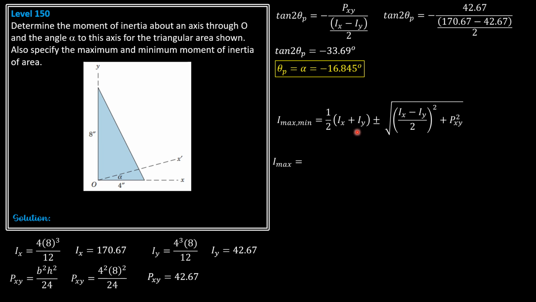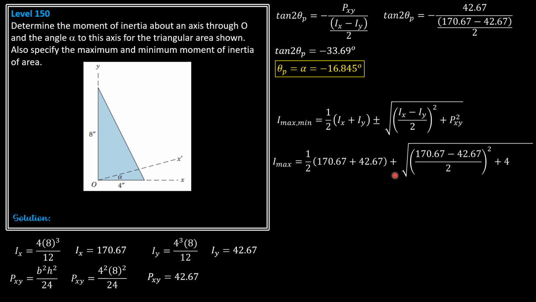Imax or Imin equals 1/2 of quantity 170.67 plus 42.67, plus minus, or for this case plus, square root of quantity 170.67 minus 42.67 over 2 quantity square plus 42.67 square. So Imax is equal to 106.67 plus 76.92, while Imin is 106.67 minus 76.92. So Imax is equal to 183.6 inches to the fourth. Then for the minimum, you just use minus here.